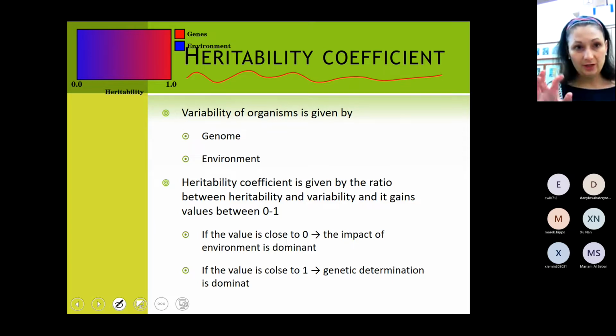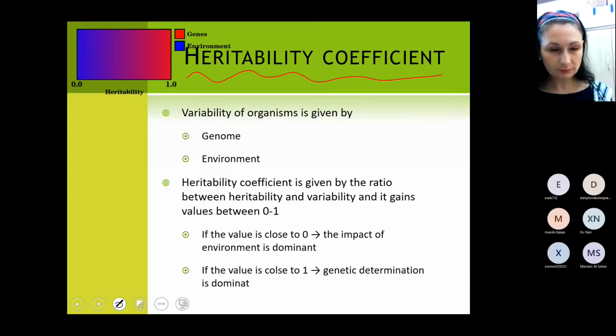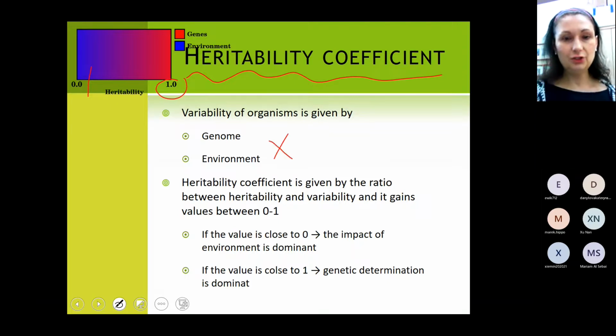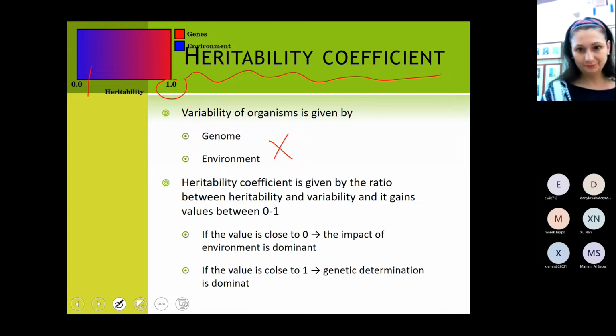So if they are counted together, it's always 1. If the heritability coefficient is approaching 1, we are talking about strong heritability. If it is approaching 0, we are talking about low heritability. So it's just the fight between genome and environment.